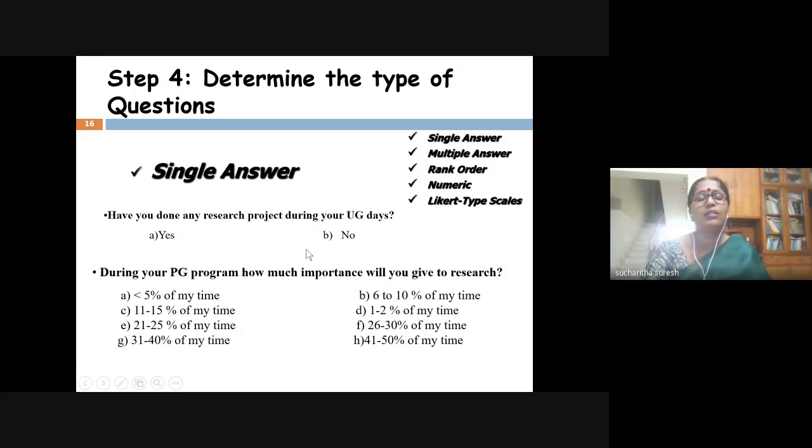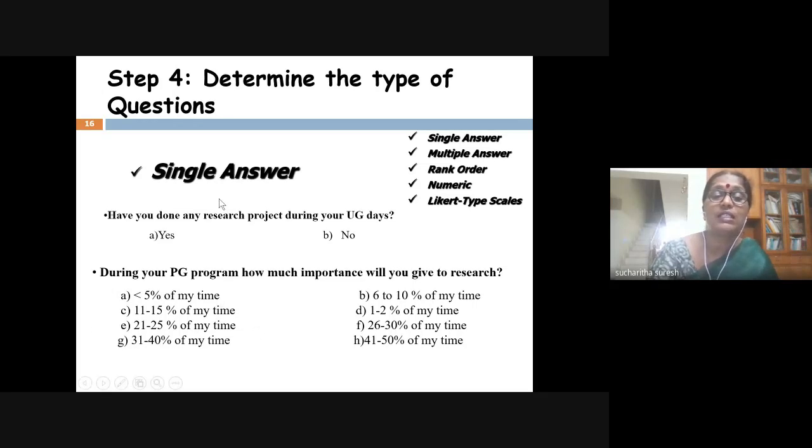Then, during your PG program, how much importance have you given to research? Here also, see, less than 5% of time. So here options are given. It is a single answer where you have to tick one response. We are not taking many things, only one answer has to be ticked.